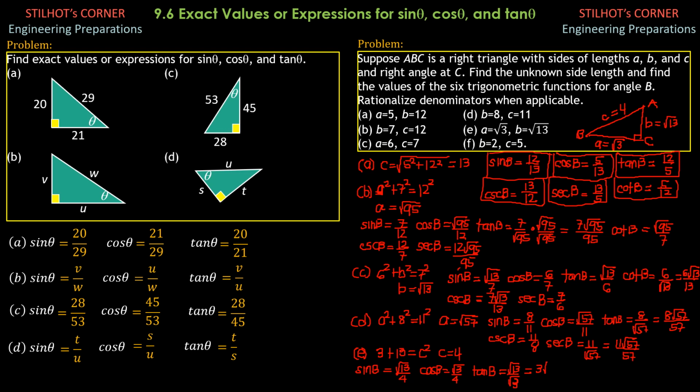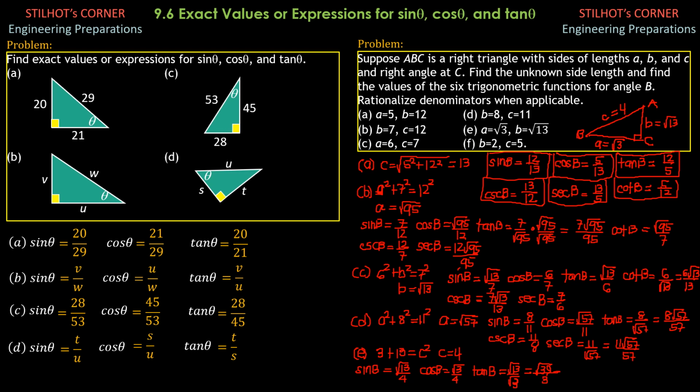It is square root of 3 times 13, square root of 3 times square root of 13 is square root of 39 over 3.